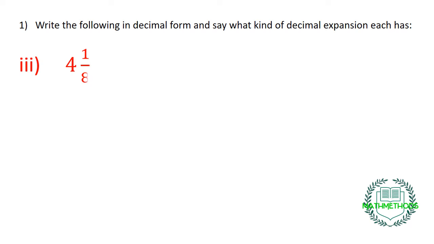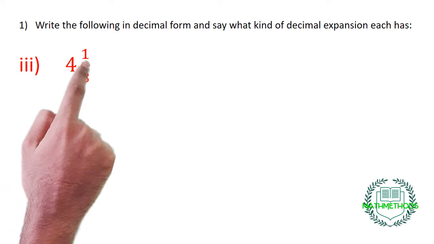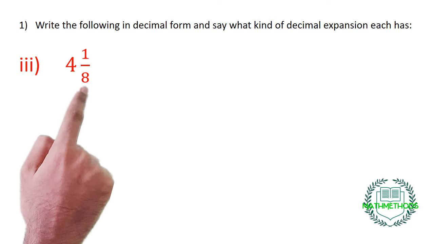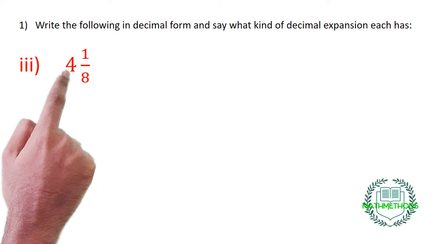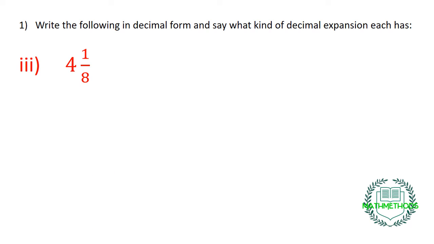Example 3. 4 and 1/8. First, convert the mixed fraction to an improper fraction. To convert the mixed fraction, multiply the denominator with the whole number and add the product to the numerator. 8 multiplied by 4 equals 32. 32 plus 1 equals 33.